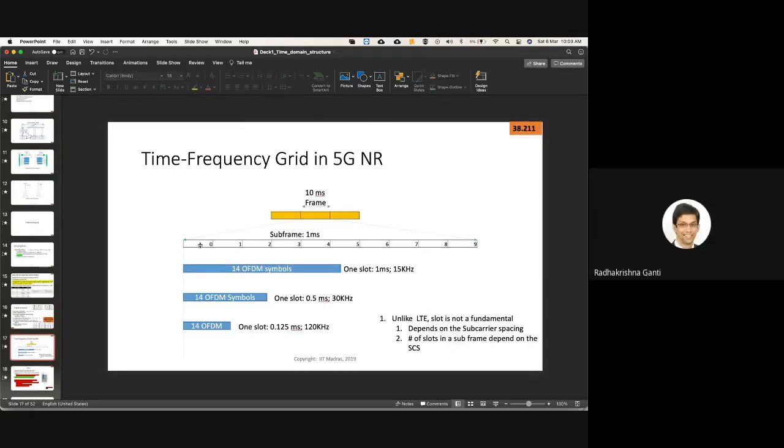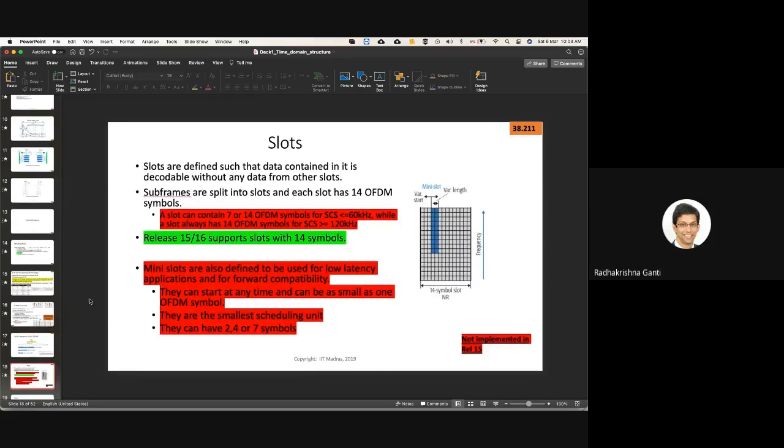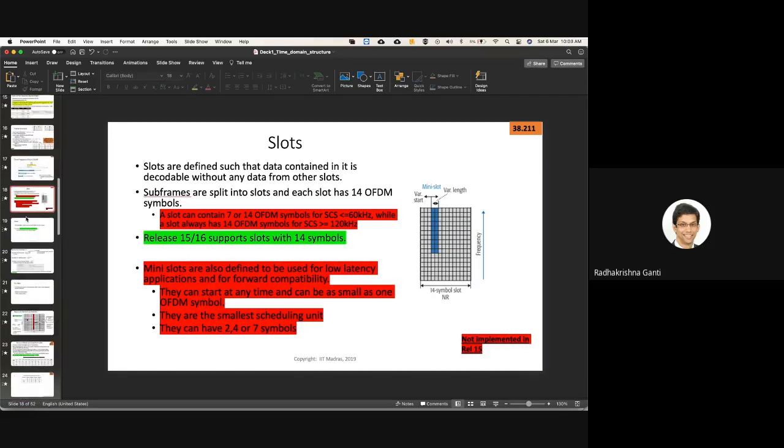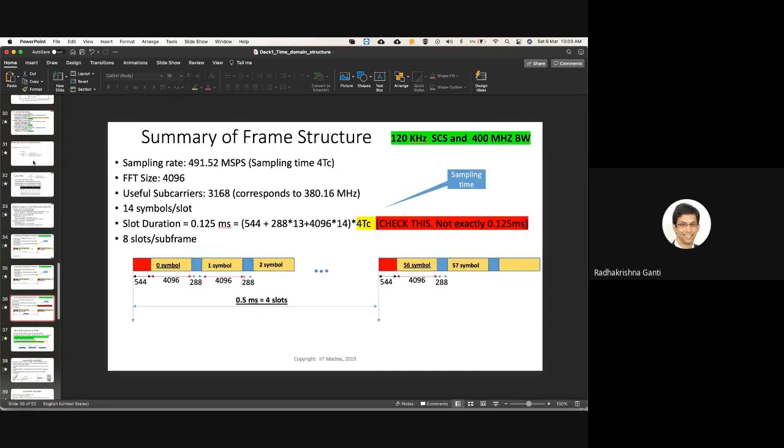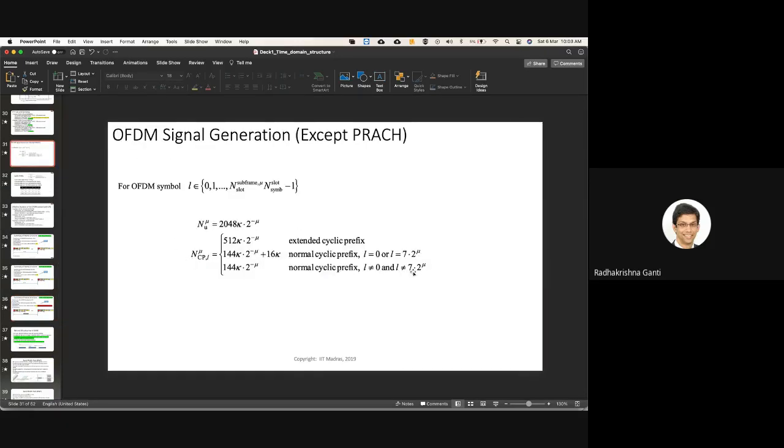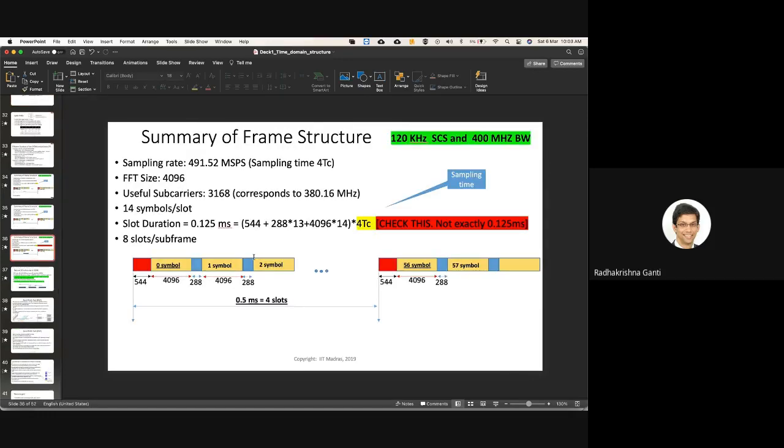So 0.5, 0.5: the beginning one and the half one. But let me just confirm this once. Let's do the computation. So essentially for L equal to 0, yeah, that's true. That's absolutely true. What I'm saying is correct. Fine. Any questions?